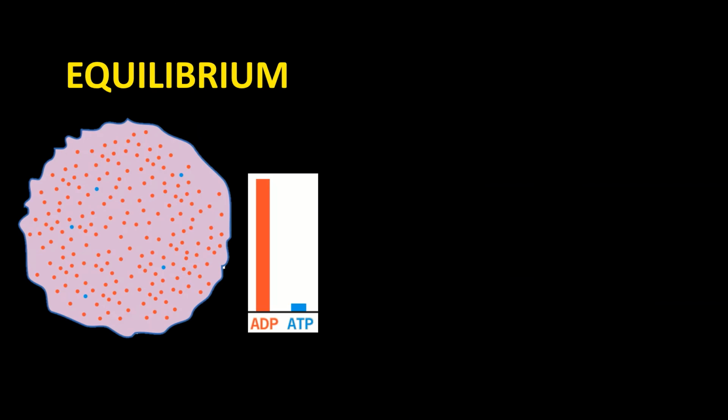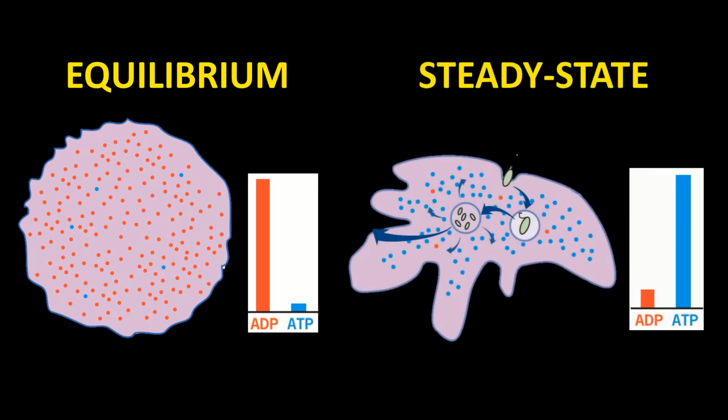So we need to define two terms here, equilibrium and steady state. A cell or a system that is in equilibrium is said to be dead. Meaning to say, there is already a random distribution of materials and molecules inside the cell because the cell has lost the life force to actually organize its internal structure.